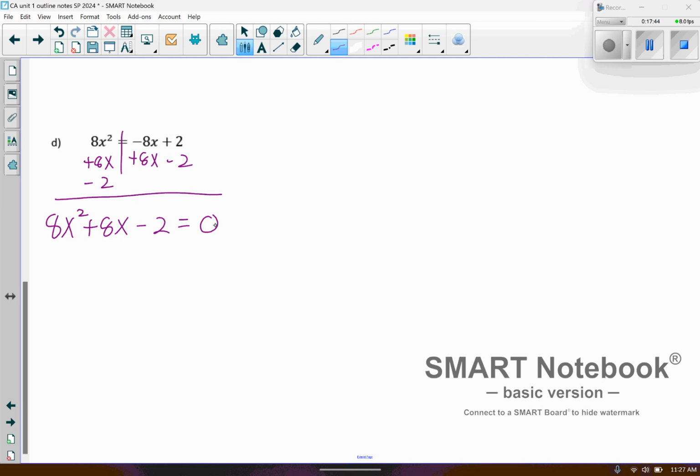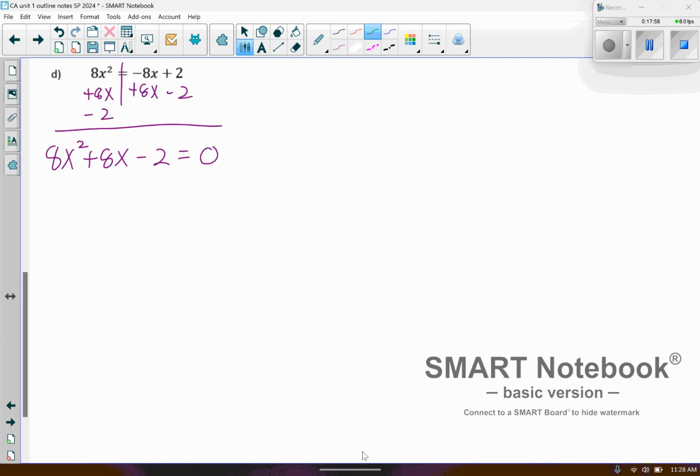Now, if you recognize that they're all reducible by 2, that can make our life a little bit easier. Now, if you don't do it, it's not going to cause you to get the problem wrong, but it's going to make you have to deal with larger numbers. So something you can do, if you notice these are all reducible by the same value, you can go ahead and do that. And so technically what I'm going to do is divide everything by 2.